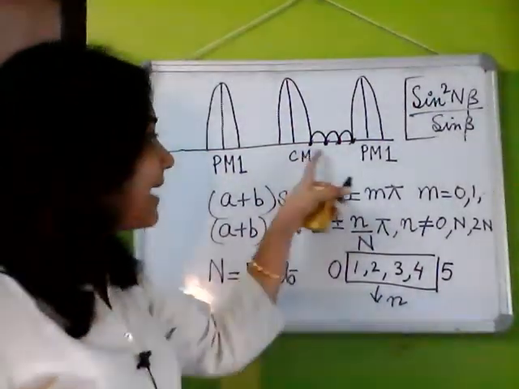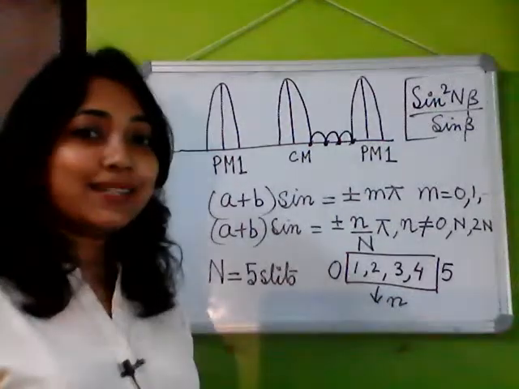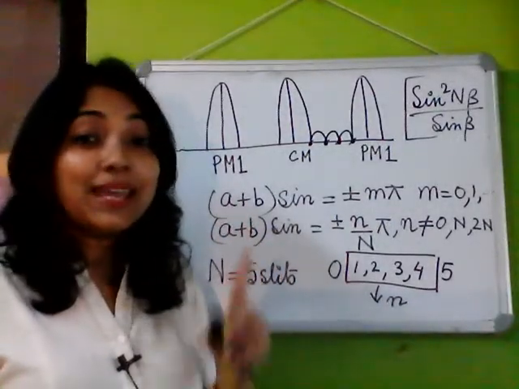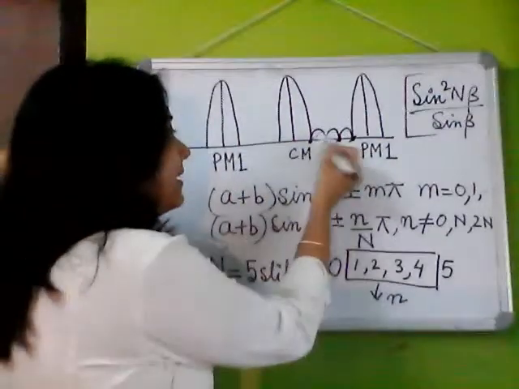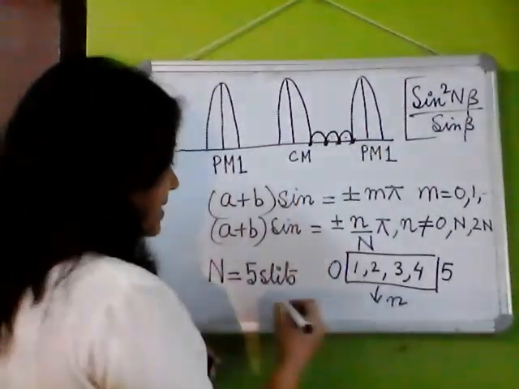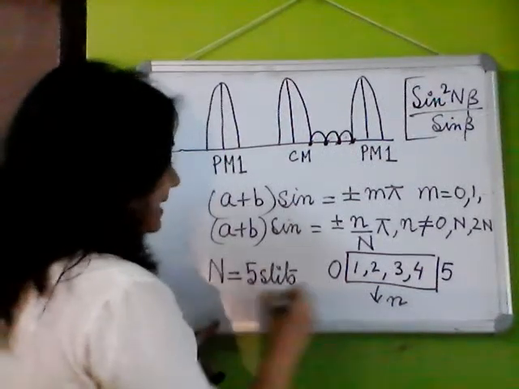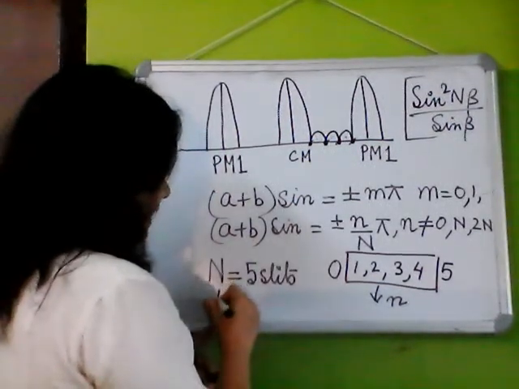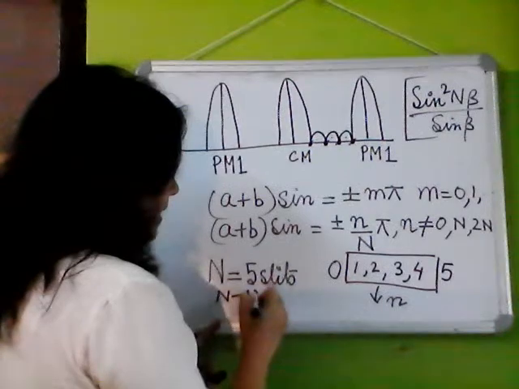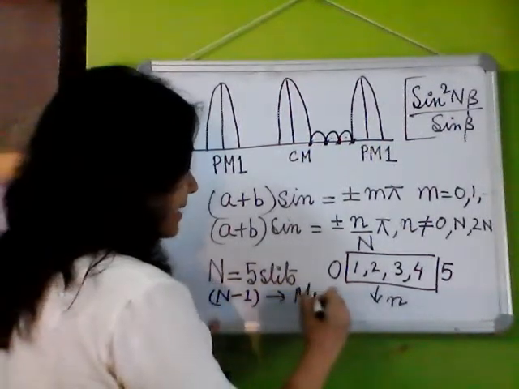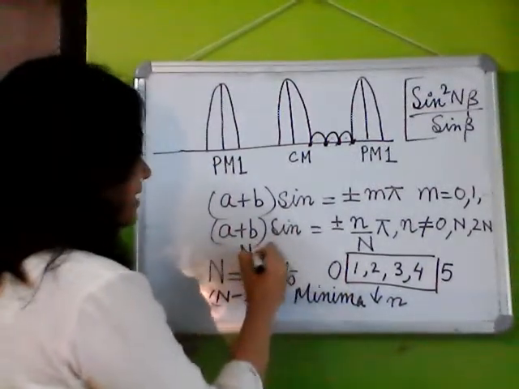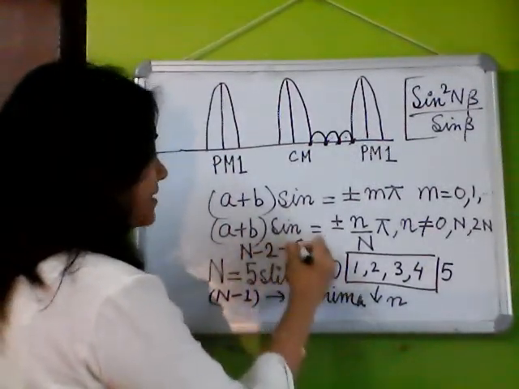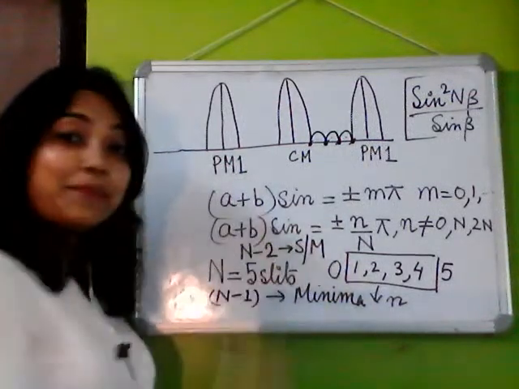However, see, while I have drawn these 4 minima points, this figure is also showing me how many secondary maximas will be allowed? 1, 2 and 3, which means if my slit number is 5, n minus 1 number of minimas will be there and n minus 2 number of secondary maximas will be there.